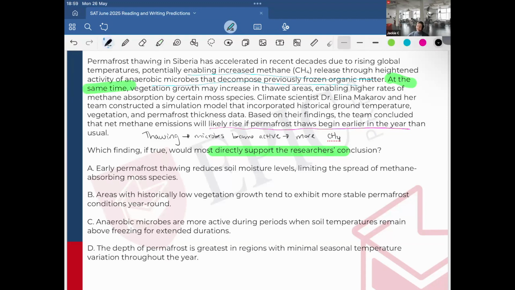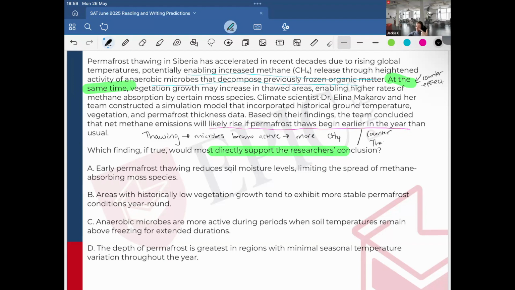And then it says at the same time, so instead of saying, however, in the previous messages, it's showing a counter effect. And take note of what the counter effect is. Vegetation growth may increase in thawed areas, enabling higher rates of methane absorption by certain moss species. So this is like counter. We have that there's thawing.